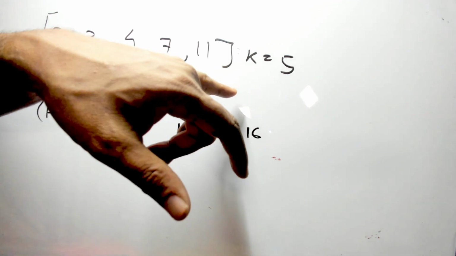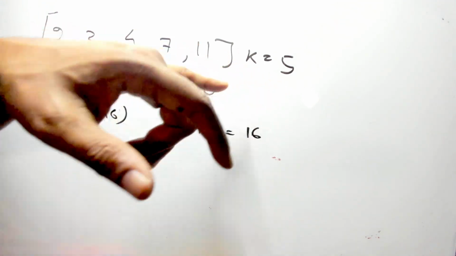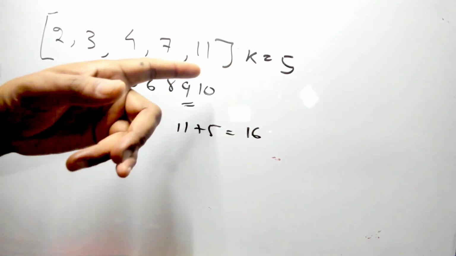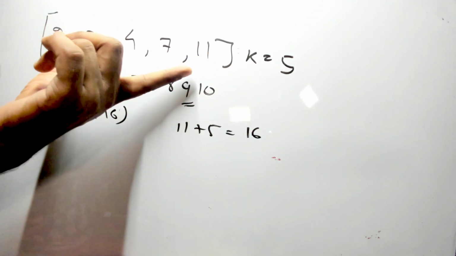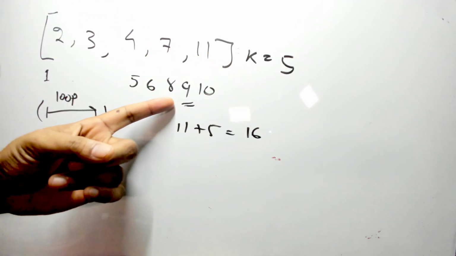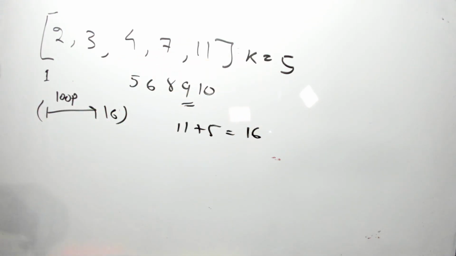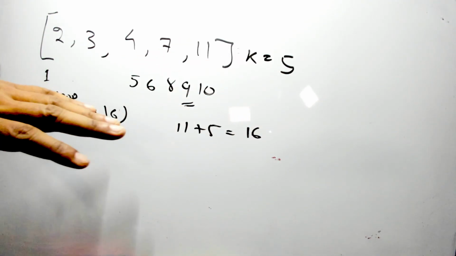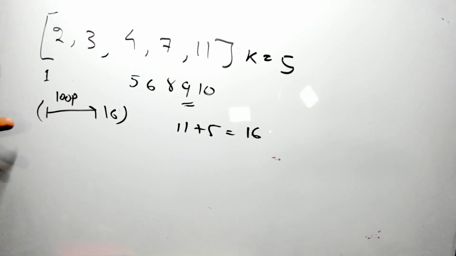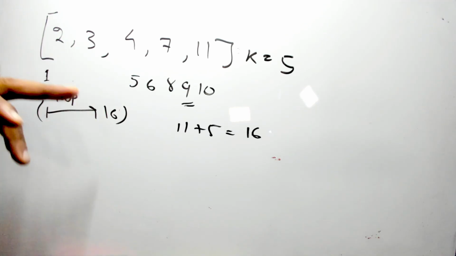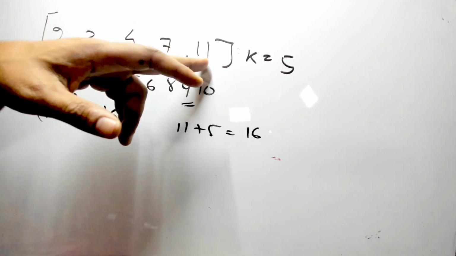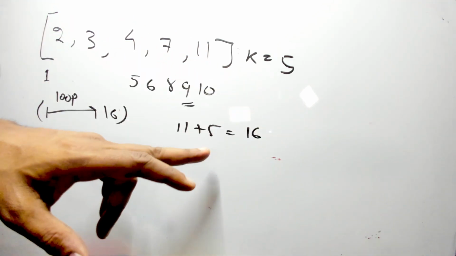Then what if we get k as 8? If we get k as 8, then k will exceed the length of our given array, so it should be calculated after that. So we take the last number, that is 11, plus k, that is 16.